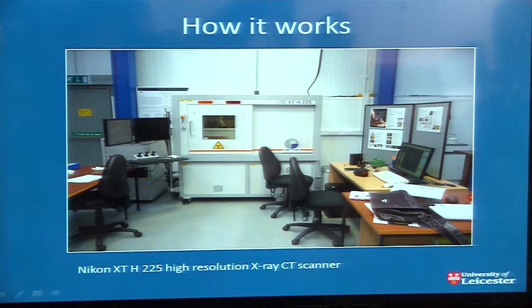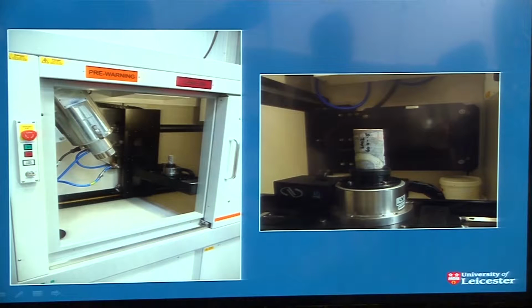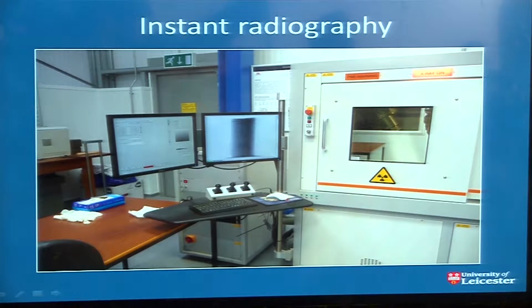So very briefly how it works. This is one of the CT scanners that we use in the UK at University of Leicester. So that's the sort of size that we're talking about. There's a chamber inside. This is where the X-rays get emitted, and you can put your little sample in there. So that's a little piece of quartz vein with gold and other precious metals in.